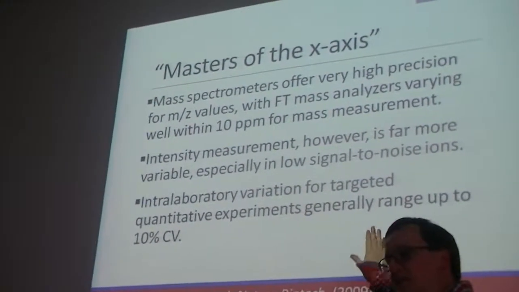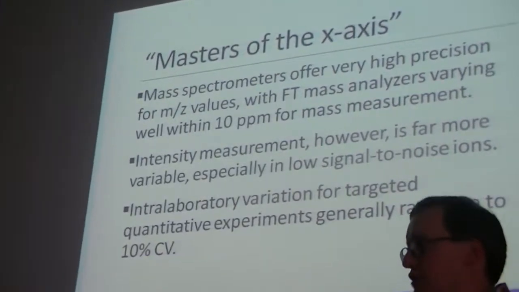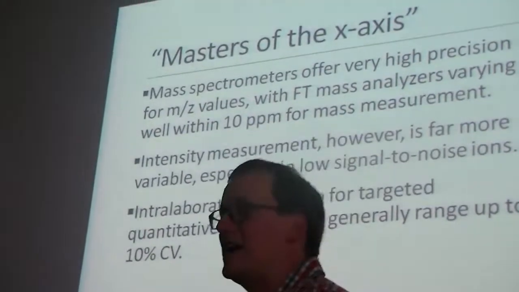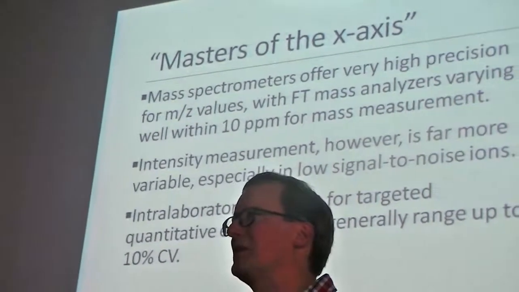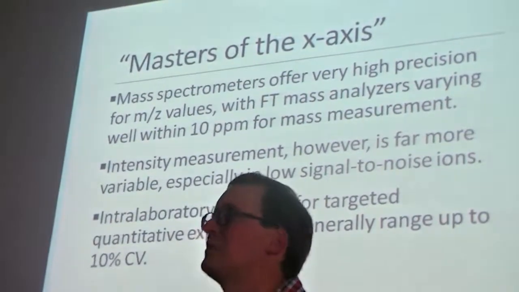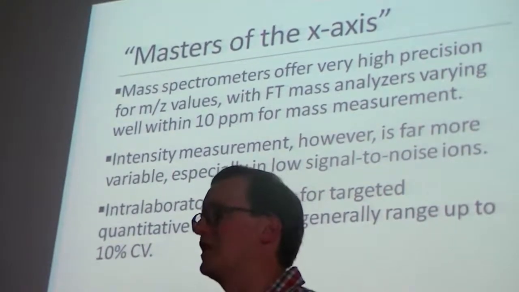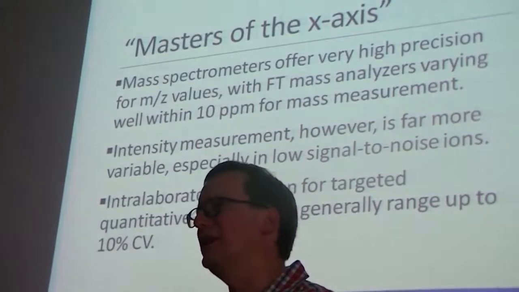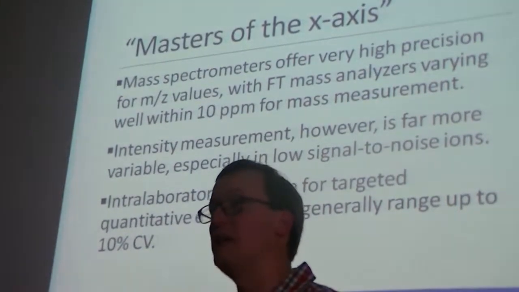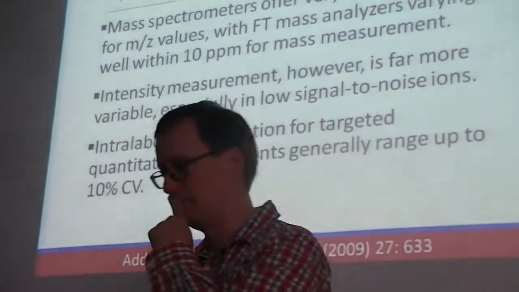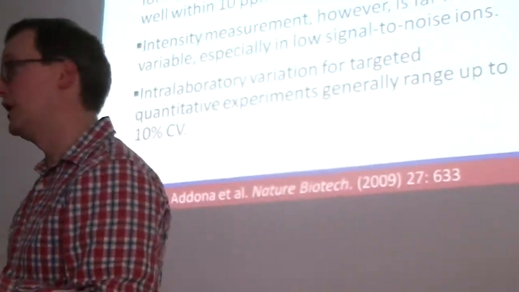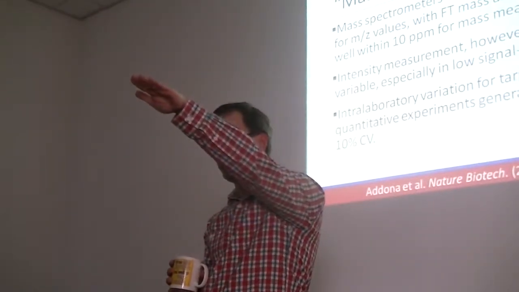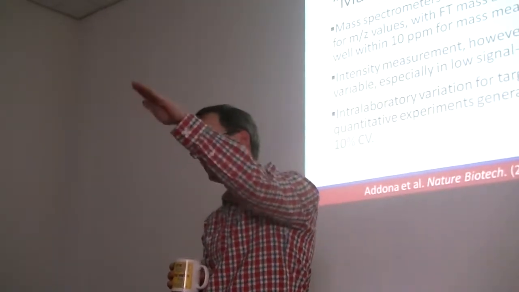When we talk about mass spectrometry as a quantitative technology, we always have to be a little bit careful. "Masters of the x-axis" is a statement I picked up from Dr. Senko several years ago at an ASMS meeting. He argued that mass spectrometry is really, really good at picking out the mass, or the mass to charge value, of an ion very, very accurately. But the intensities that we observe bounce around a fair bit.